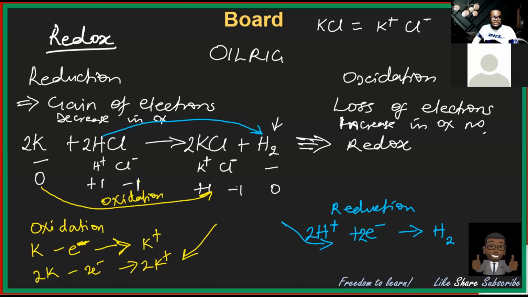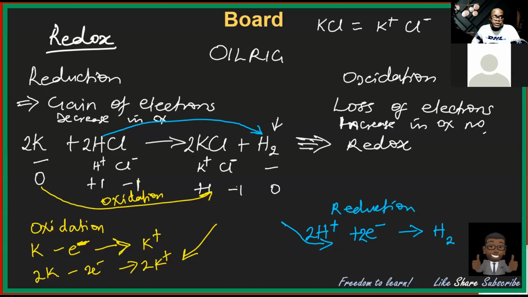The two of them happening together, we call the reaction a redox reaction. This is a good reminder of what redox is, so that when we apply it in electrolysis, you'll be able to understand the concept of half equation, reduction and oxidation reaction.